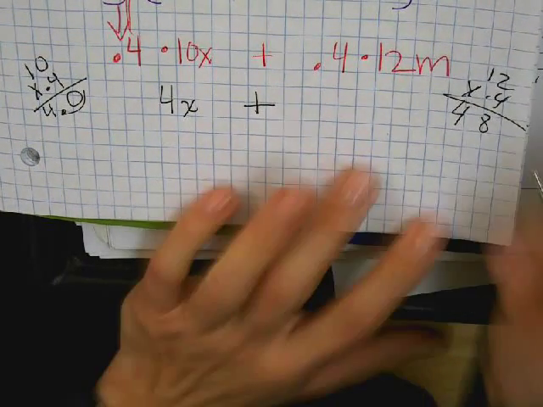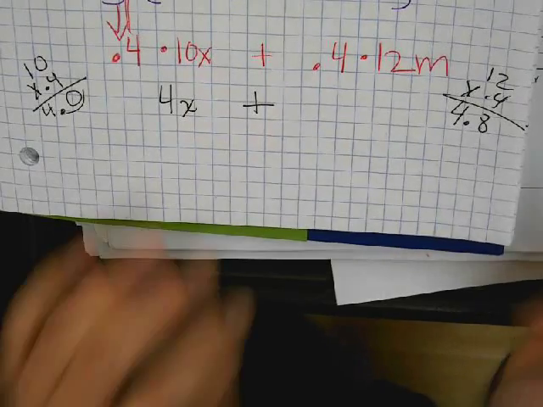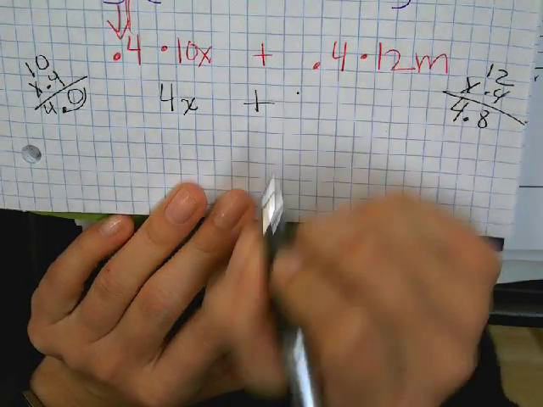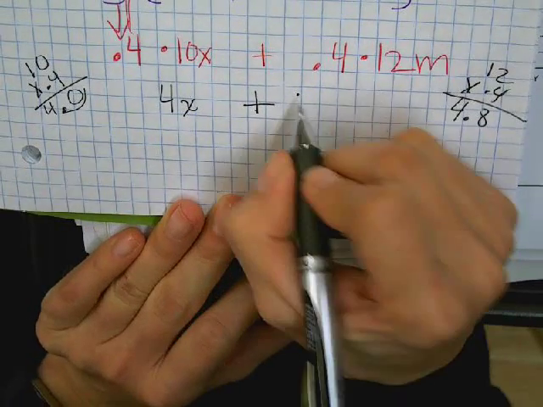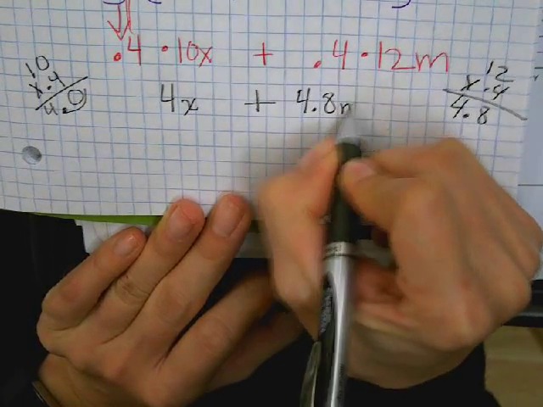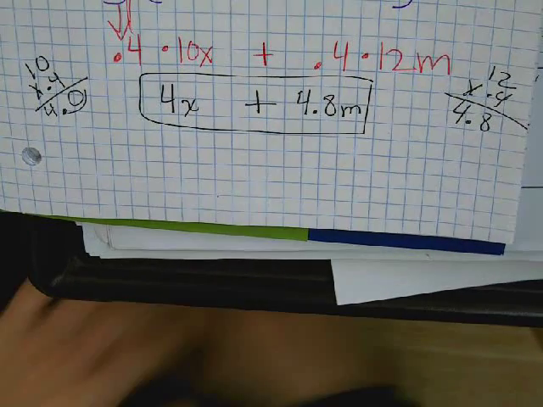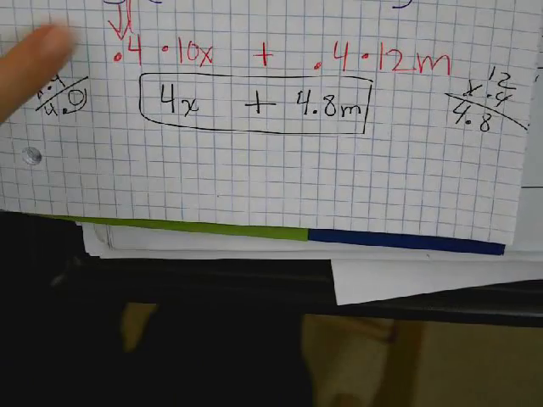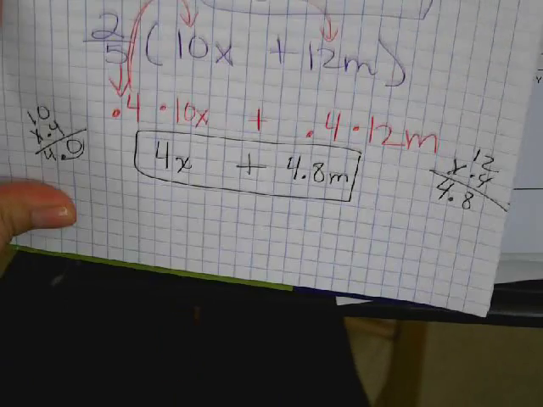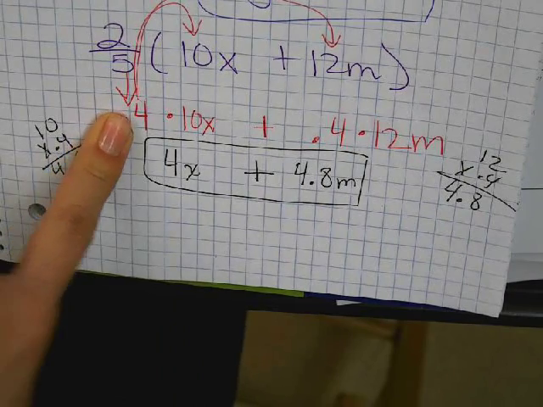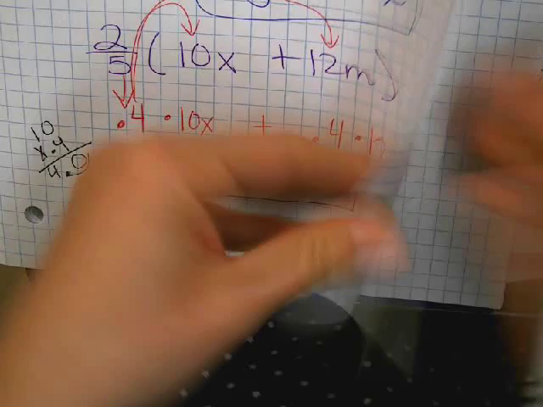How many times do I move the decimal? 1. So how many m's do I have? 4.8m. It is easy, right? It looks complicated, but all you have to do is if they give you one of those, you turn it into a decimal. Got it? All right, you try one on your own.